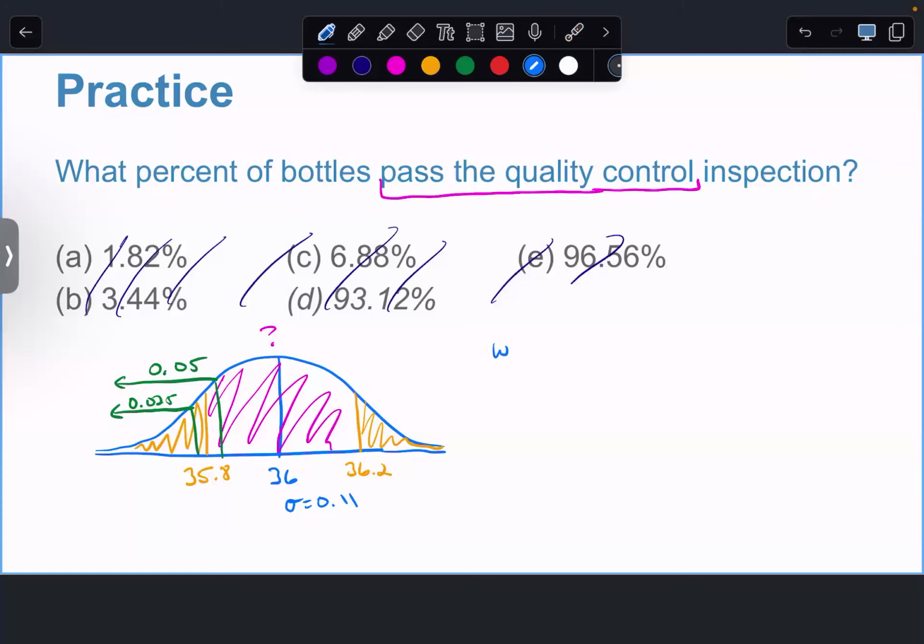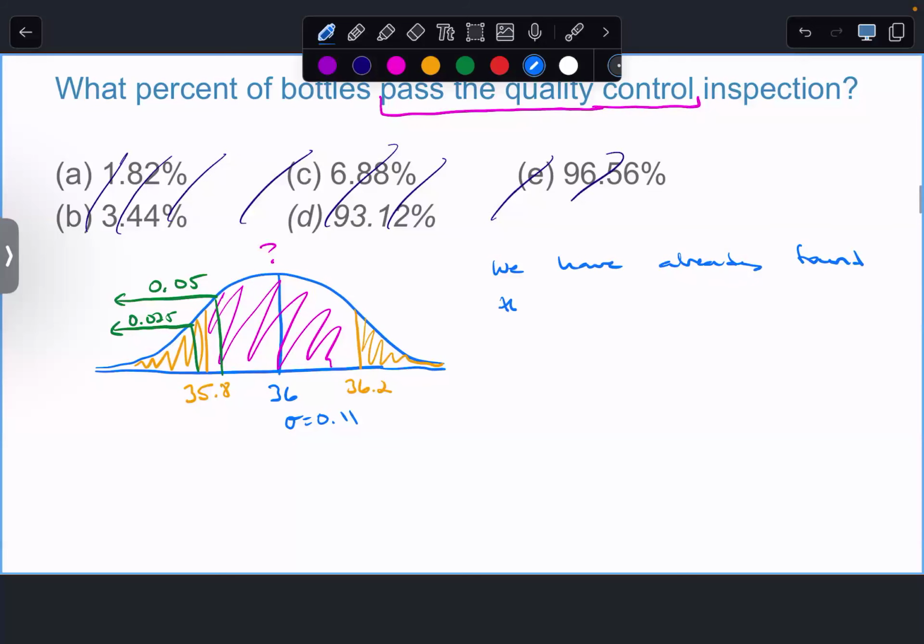So we have already found the area in the tail for 35.8 ounces.